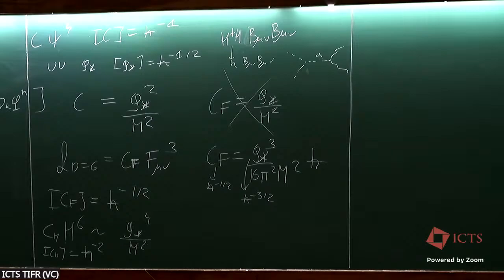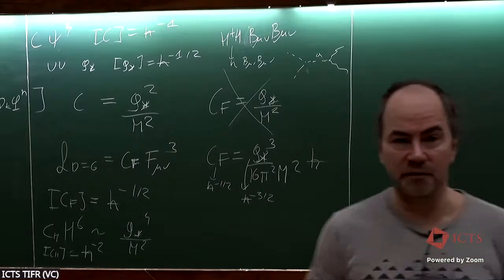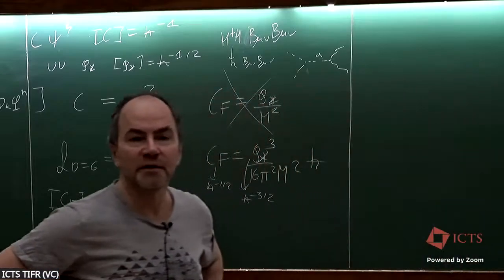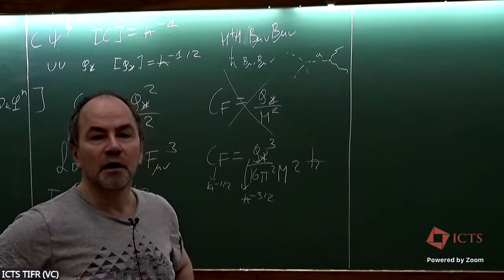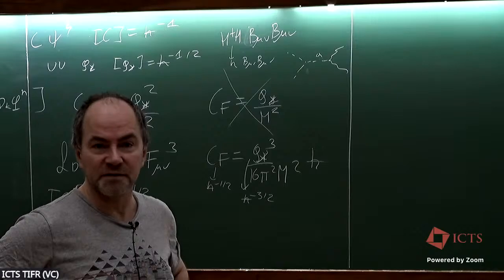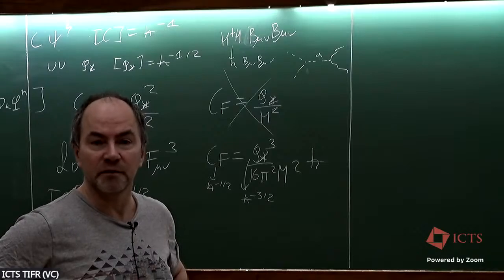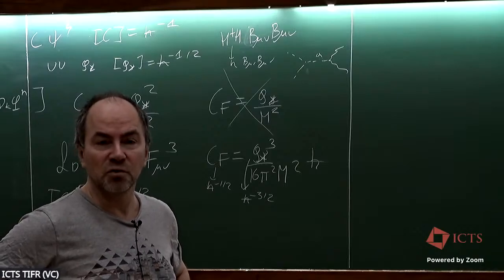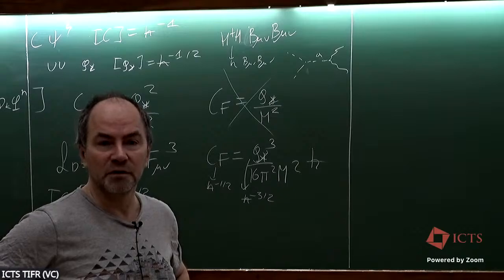No. It can be generated at one loop level even if it's CP violating. Why is that? I mean, it's just a question of how many fields you have, how many phases there are. But I think that there is no problem generating this.